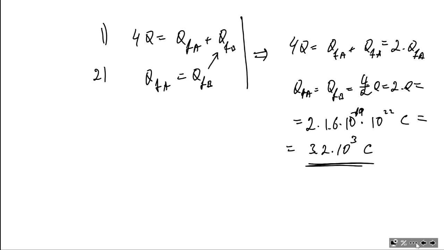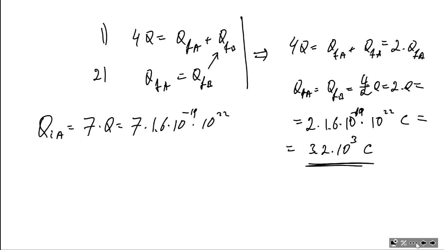And immediately we can calculate on the next table how many electrons actually moved. What do we do? Well, for example, we can calculate how many electrons initially we had on each sphere, let's say sphere A. So initial charge for sphere A was equal to 7 times Q, or 7 times 1.6 10 to the negative 19 times 10 to the 22nd.